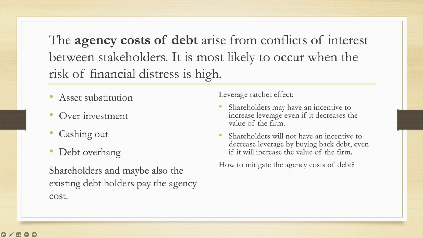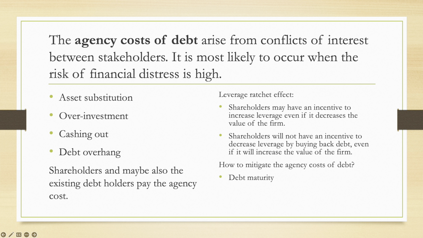The agency costs of debt can be mitigated by managing the debt maturity. Agency costs are smallest for short-term debt, but on the other hand, short-term debt needs to be renewed frequently, so it may also increase the firm's risk of financial distress and its associated costs.